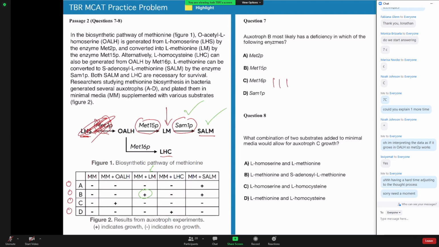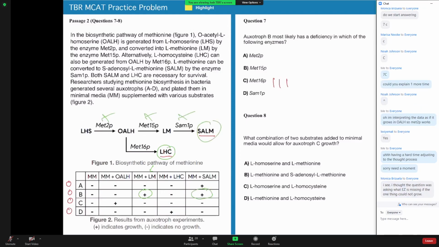Okay, so now let's keep moving down the line, right? We have to get to the end here. LHC, right? If you feed LHC, that's an end product, right? So if you feed LHC, you would expect it to grow unless one of these is messed up, okay? And then here, if you feed it SALM, you would expect it to grow unless one of these is messed up, okay?